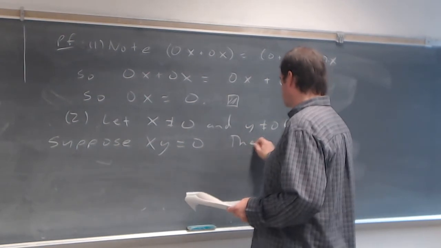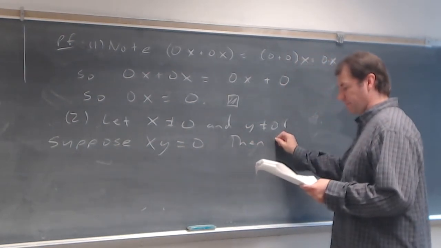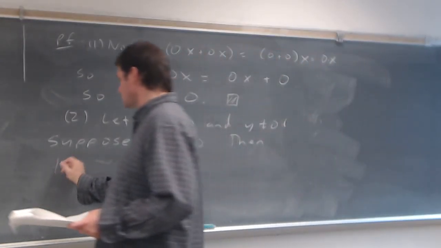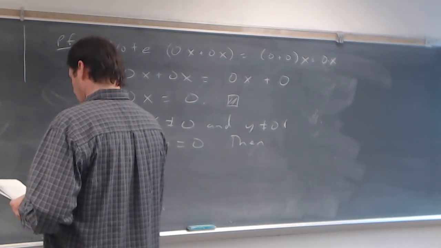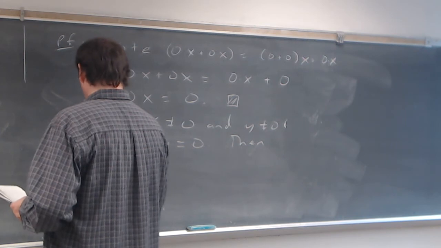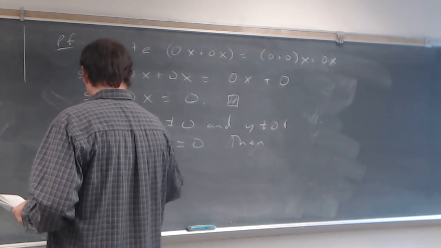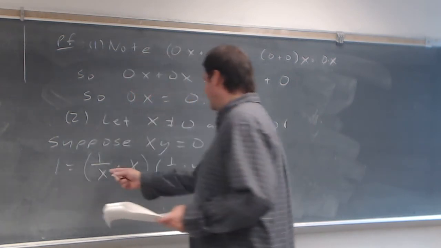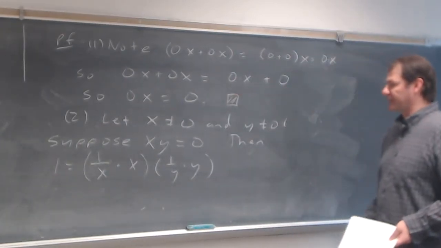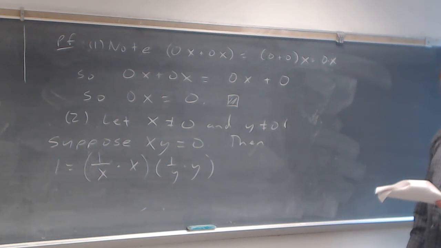Then 1 can be written as 1 over x times x, that's 1, times 1 over y times y. We get to write down 1 over x and 1 over y because x and y are both non-zero.